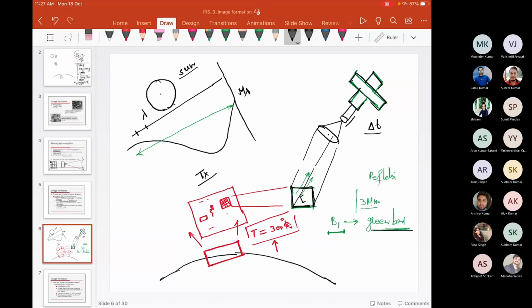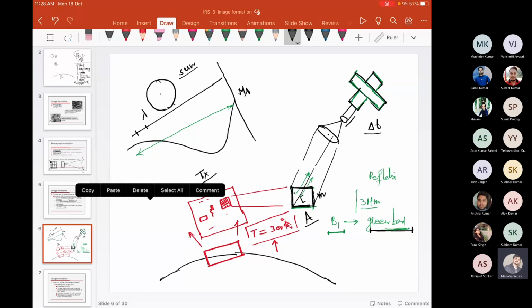It all depends on how much energy is reflected back at different wavelengths. But for understanding, I consider only the green band here. The energy reflected back towards the sensor from the entire area, let's say area A, if it is a square cell, is m cross n.